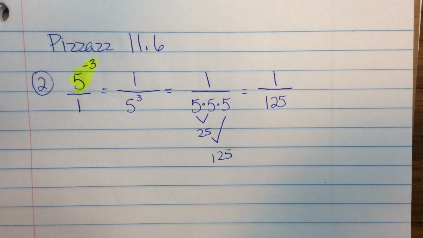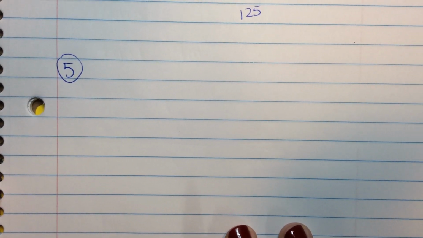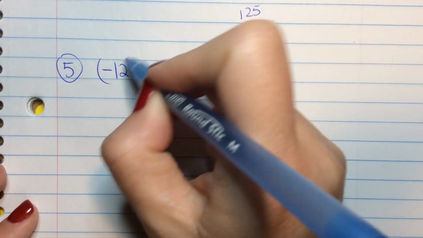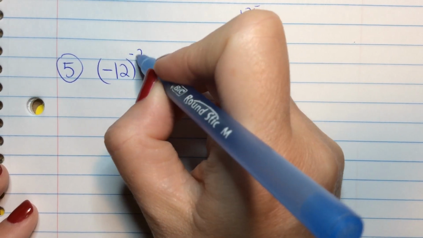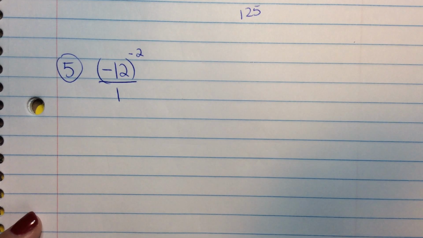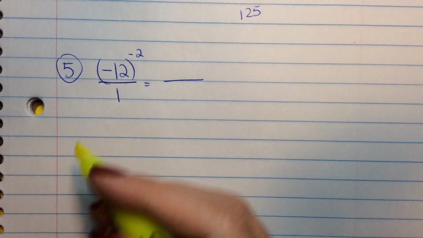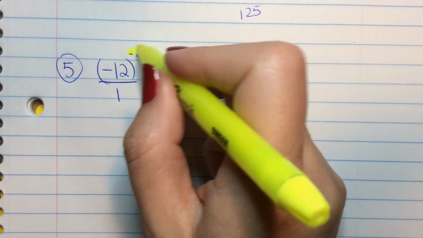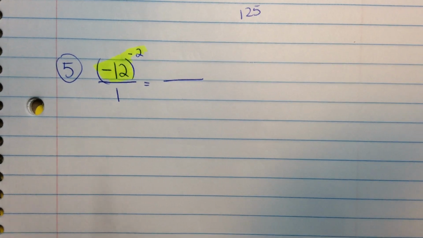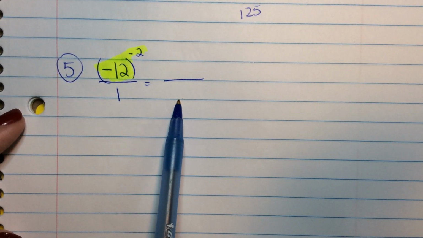All right, number 5 says negative 12 raised to the negative 2. I'm going to put it in fraction form over 1, and I'm going to move all of this to the denominator.